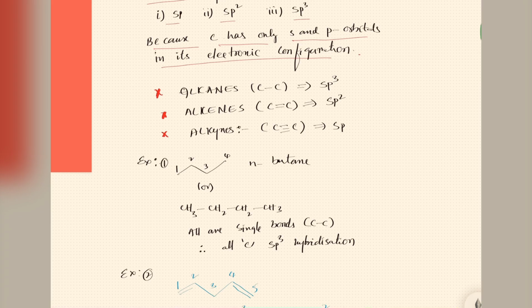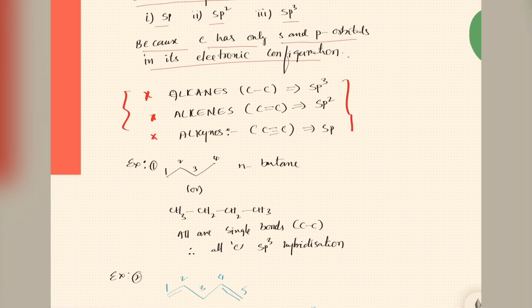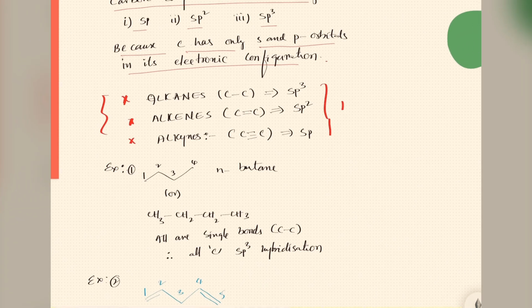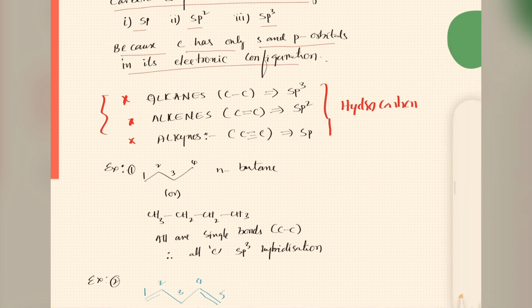Simply, we have hydrocarbons. In hydrocarbons, we have three types of compounds. One more is also there, which I will explain now. First is alkanes, with a C-C single bond.